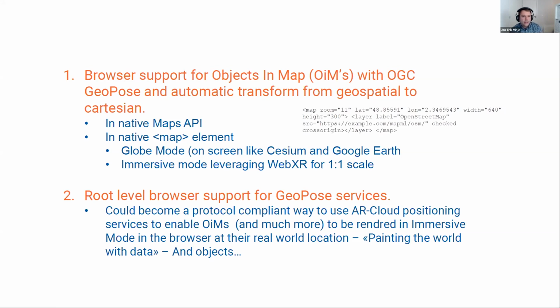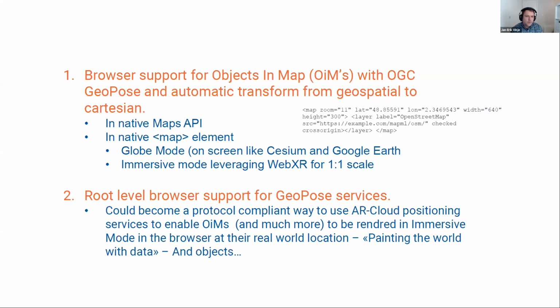This kind of support should be part of any native maps API. And in the native map element that is being discussed, there are especially two modalities where objects in maps become useful. That would be if we could make sure that the map element supported a globe mode, like you see with Cesium or Google Earth, and that kind of engine.